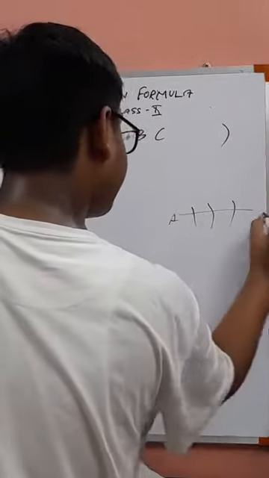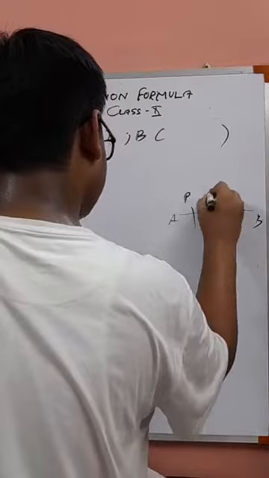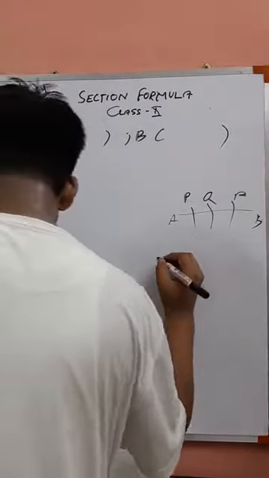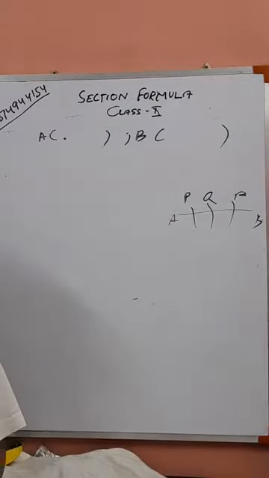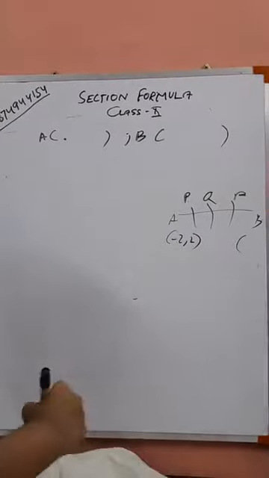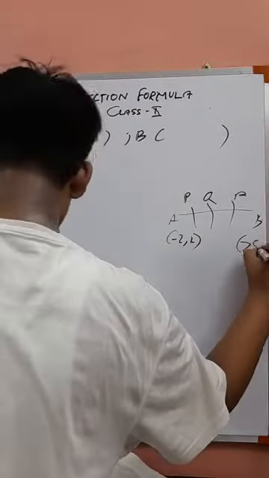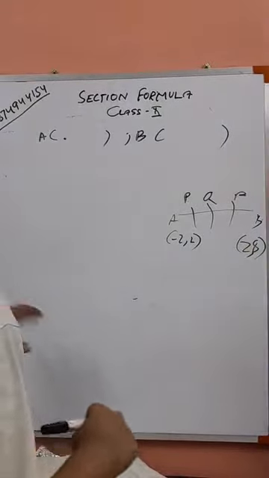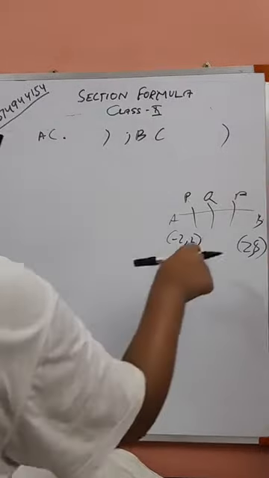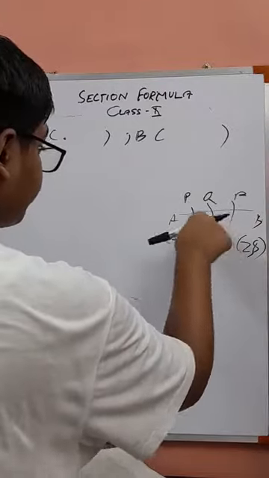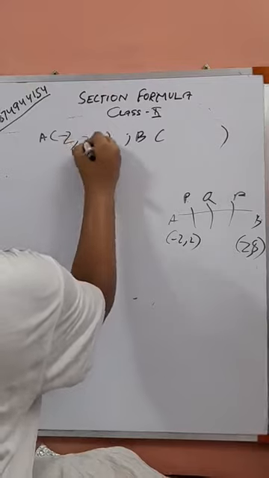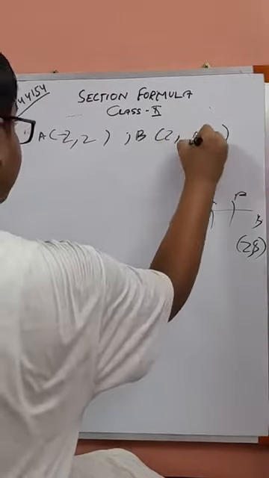Now this was A, this was B, and the points P, Q, R. The coordinate of A was minus 2 comma 2, and B was 2 comma 8. So we will continue with the midpoint formula first between A and B to find Q. Now minus 2 comma 2 and 2 comma 8.